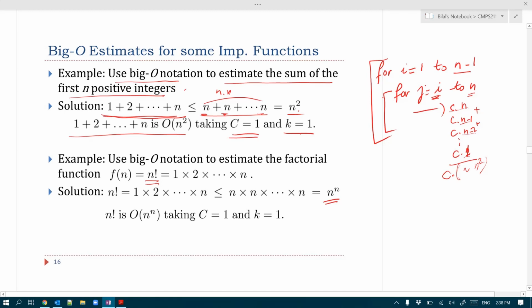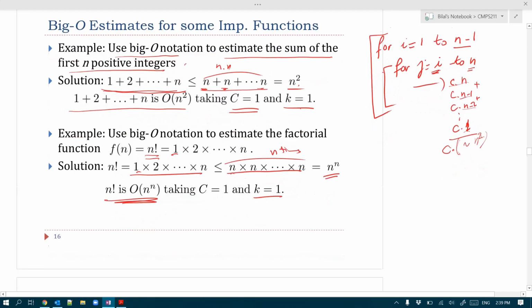We can replace each term by n for every n greater than 1, and we will end up with this multiplication, which is the factorial of n, being less than the multiplication of n by itself n times, so n times n times n, which is actually n to the power n. And this is why we can confidently state this.